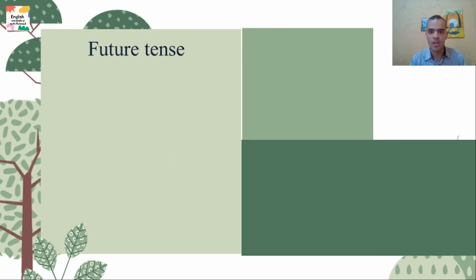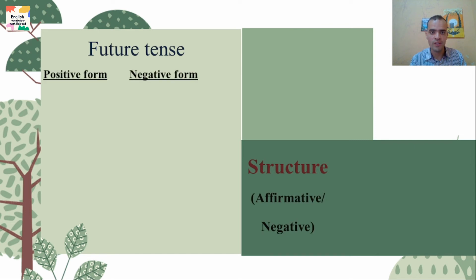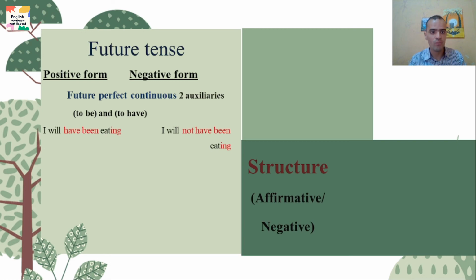And now we will talk about another future structure, the future perfect continuous. With the future perfect continuous, we use two auxiliaries: to be for the continuous form and to have for the perfect form. Let's see the structure first. For the positive form, we say I will have been eating. For the negative form, we say I will not have been eating. Next, he, she, it will have been eating.